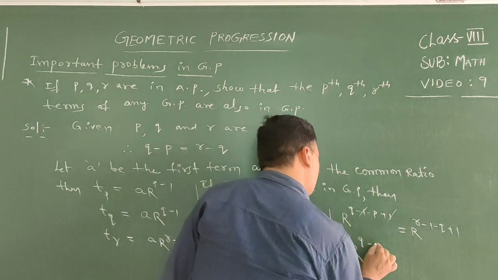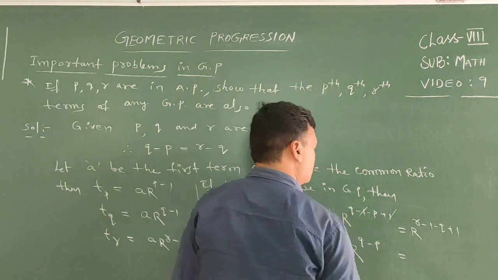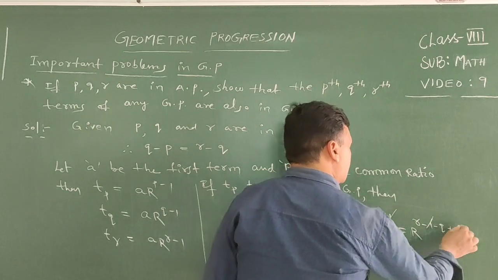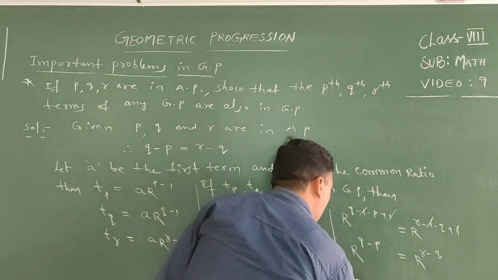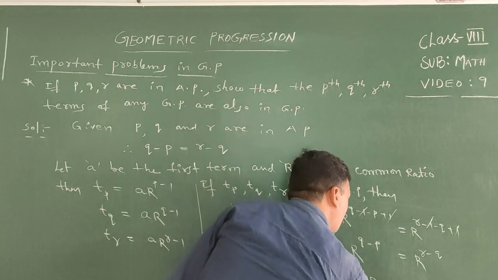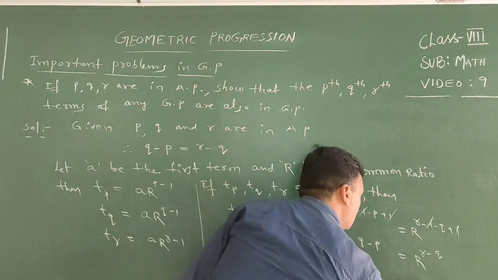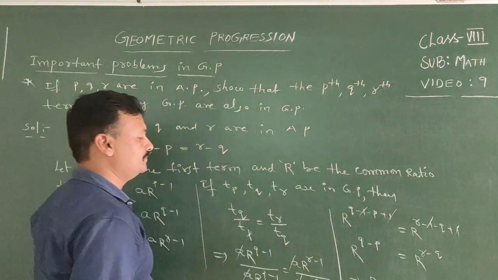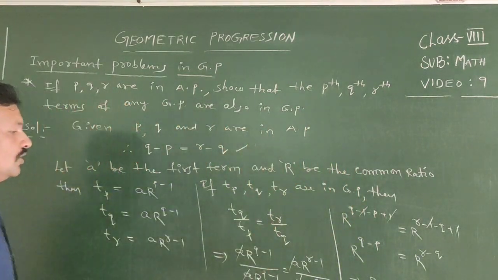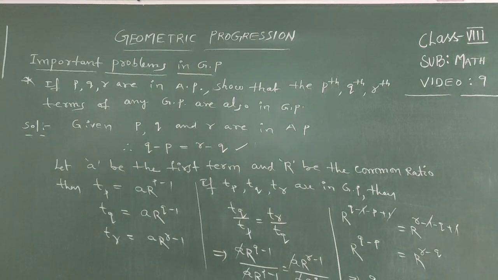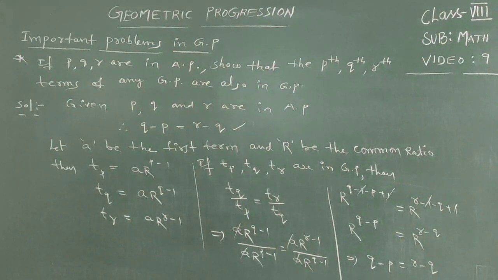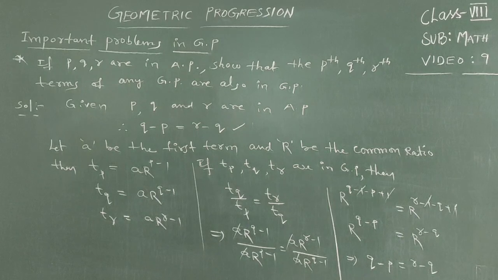R power Q minus P equal to R power R minus Q. Bases equal, powers need to be equal. Here Q minus P equal to R minus Q. Okay, we proved this theorem by RHS to LHS.